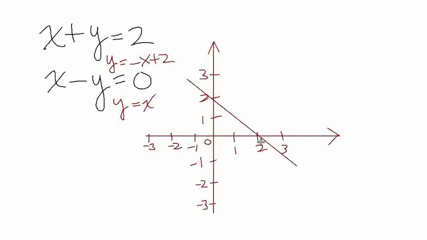The second linear equation corresponds to a line with a y-intercept of 0 and a slope of 1. So that looks something like that. So the solution corresponds to the point denoted by that red dot, or 1, 1.